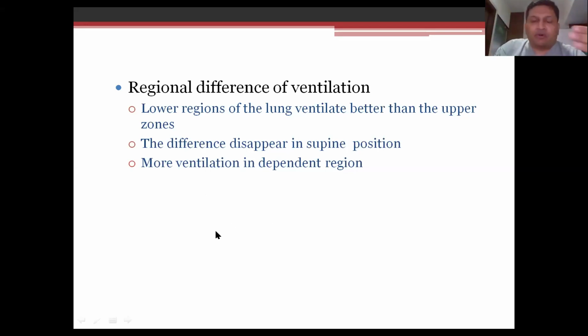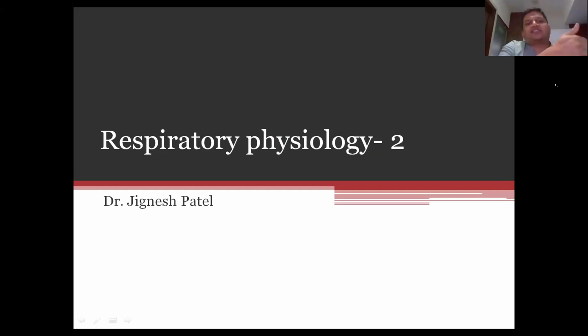This is a bit more on the basic physiology, but this is why we are looking at this physiology, so that we can understand the disease part better. So this is the first part of the talk. In this part, we just saw how atmospheric air, overcoming all the physiological interactions, came into the alveoli.